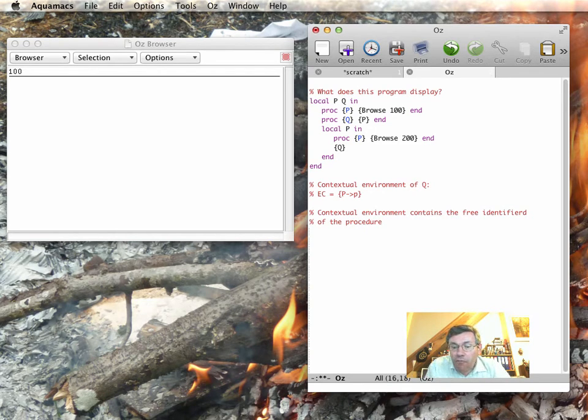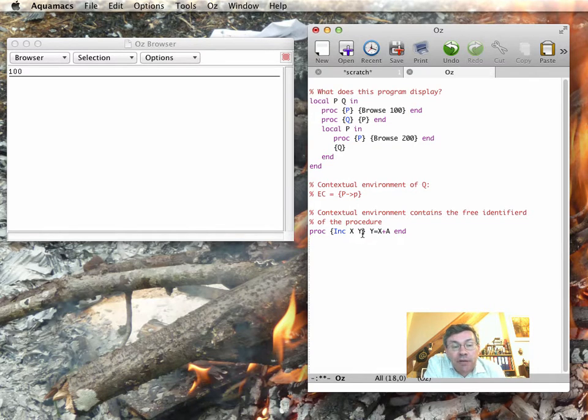Okay, so for example, if we have here a procedure inc x, y, and here I have y is equal to x plus a, in this procedure there are two arguments, x and y, and inside the procedure body there are three identifiers, y, x, and a. Now x and y are defined as arguments, so we don't have to keep them in the contextual environment.